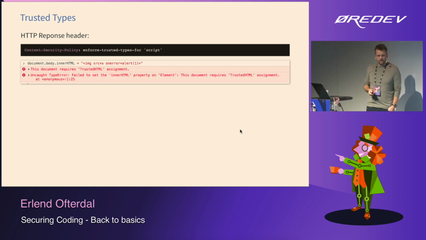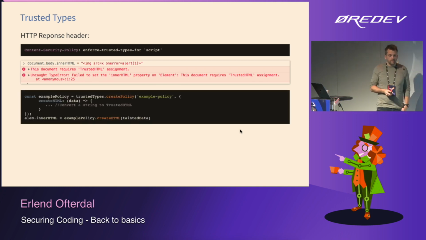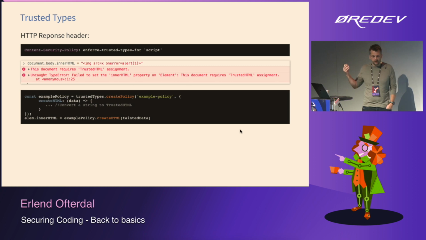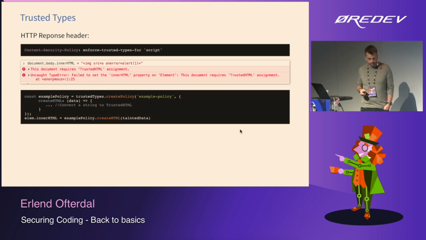So how do we get something that's a trusted HTML? Well, we can create a policy. So we create a policy, we give it a name, and then we have this method inside. It's called createHTML, and that needs to return something that's been cleaned up and is safe. And then we can use the example policy to create HTML.